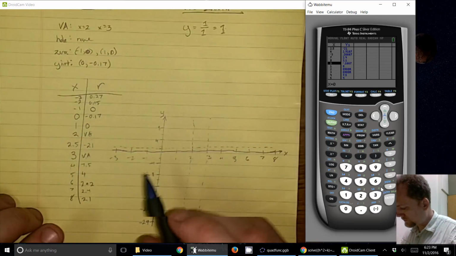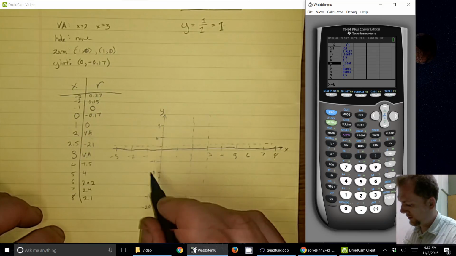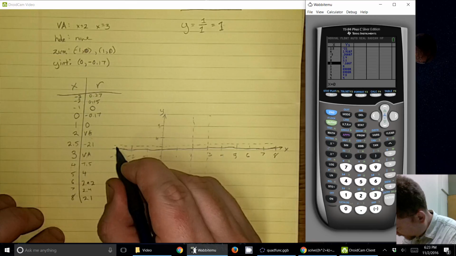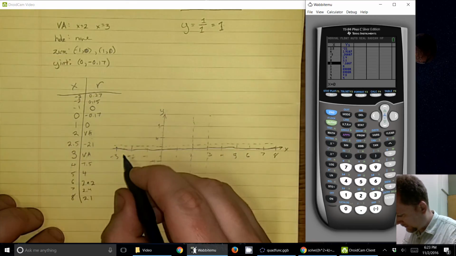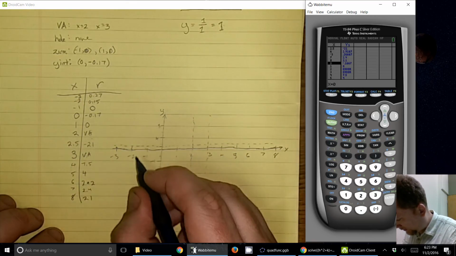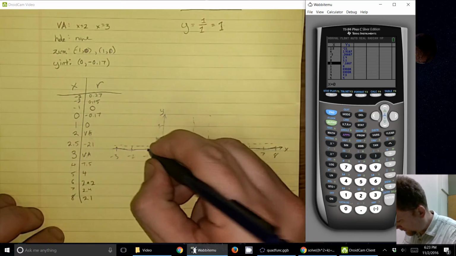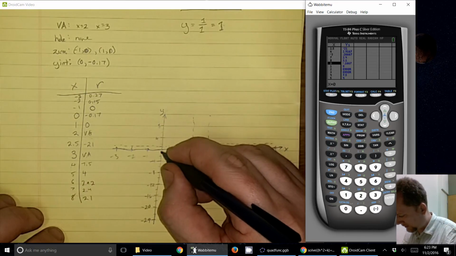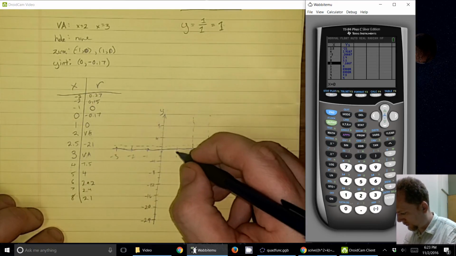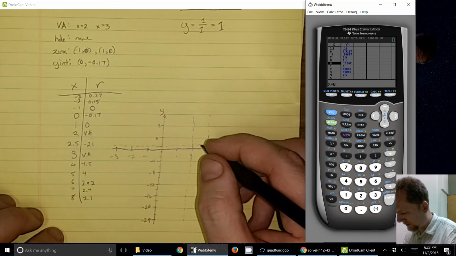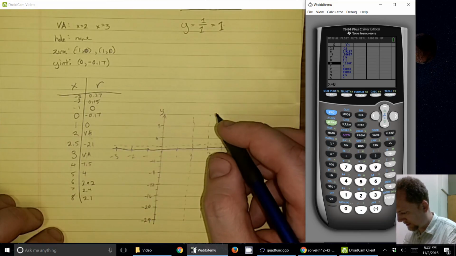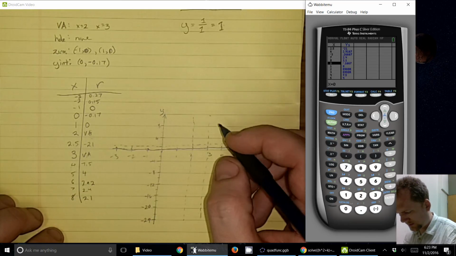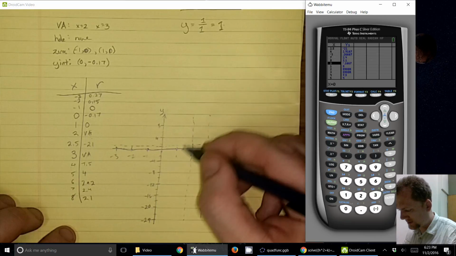Good. Negative 3, 1/4. So 1/4 is about 1/4 of the way up towards that line, so it's barely off the x-axis. And then we're even more barely off it now there, and then we're hitting it here. And at 0, we're at negative 0.17, so we're not down very far there. At 1, we're back at 0. And then, it's odd. Okay, it's gonna cross the horizontal asymptote.